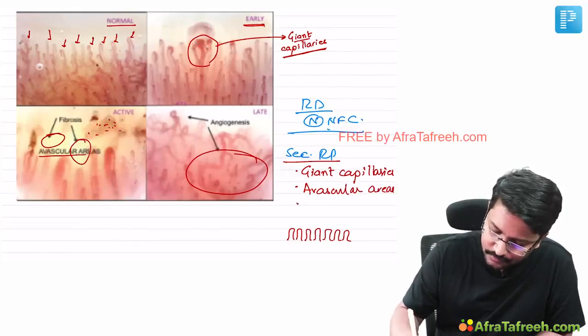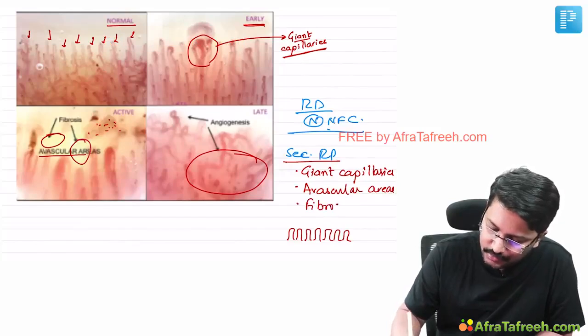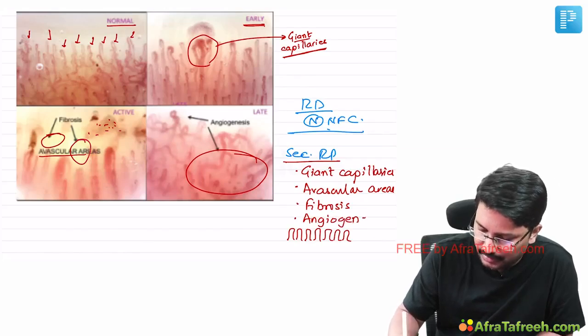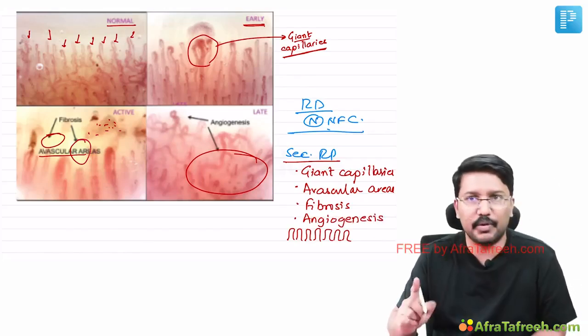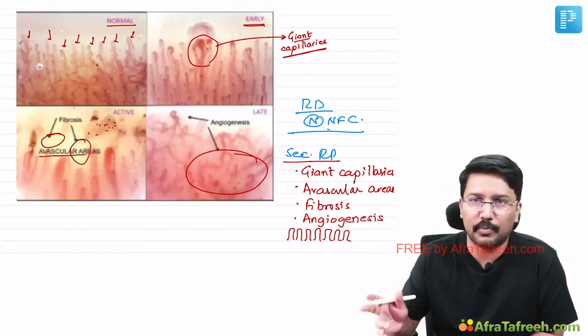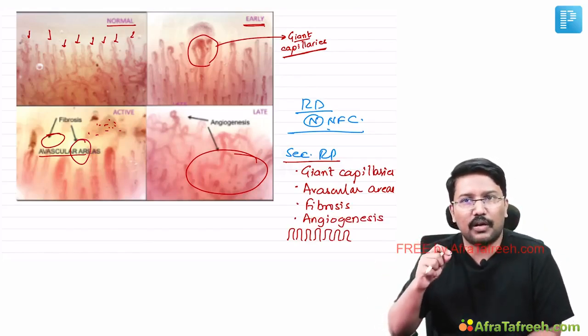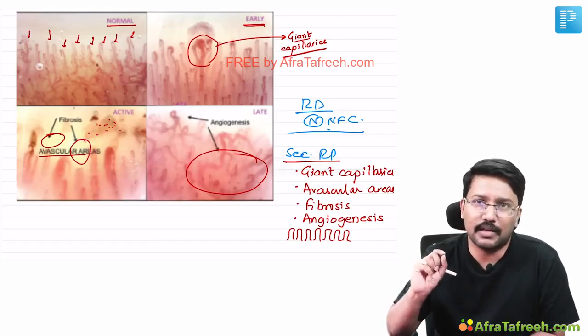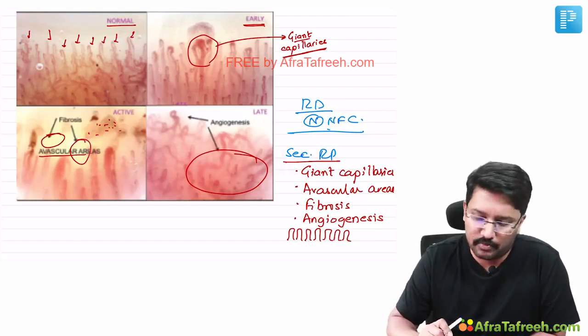There may be fibrosis and distortion of the architecture, and there may be angiogenesis or new vessel formation. These are the abnormalities that we see. And remember, these abnormalities, if found on the nail fold capillaroscopy, are also a component of the classification criteria for systemic sclerosis. The patient gets 2 points if the nail fold capillaroscopy is abnormal.